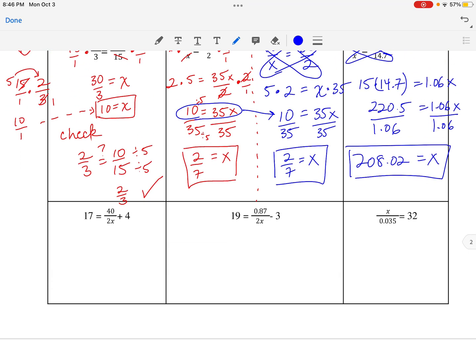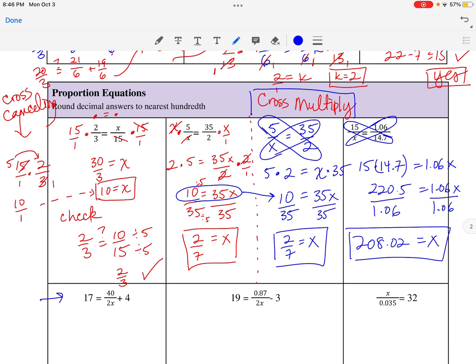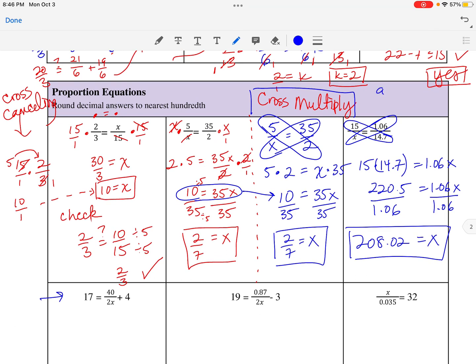All right. How about this problem right here? We cannot cross multiply yet. In order to do cross multiplying, you can only have a fraction like a over b equals c over d. You can only have one fraction equals another. And then I can rewrite that as the equation a times d equals c times b.